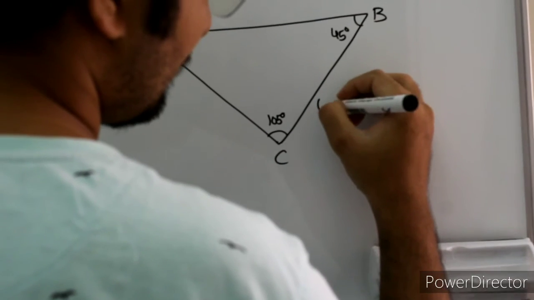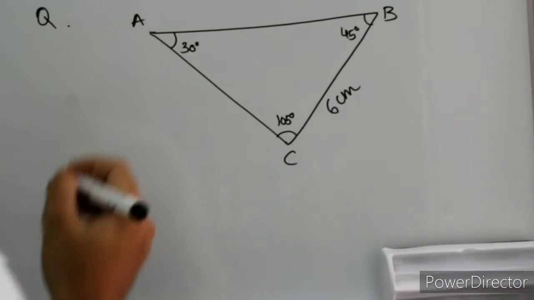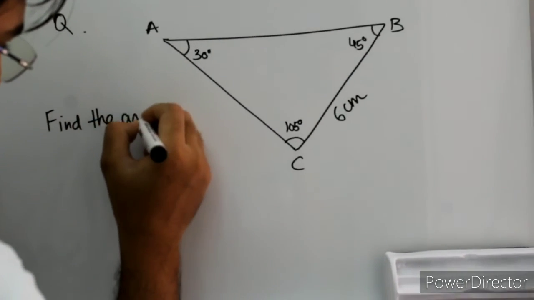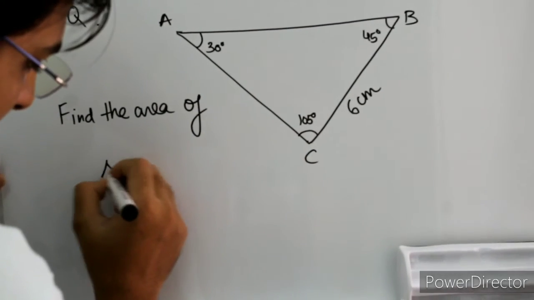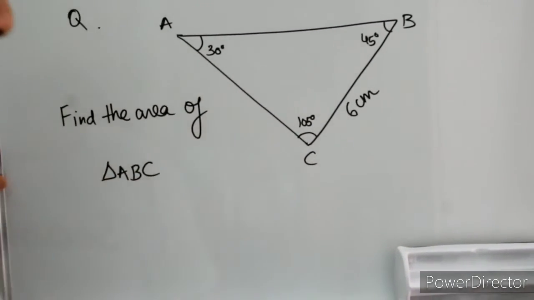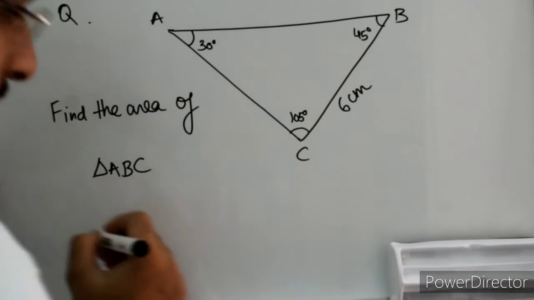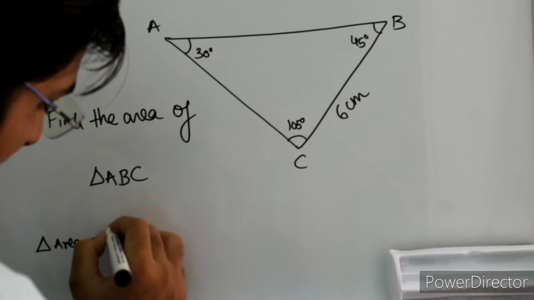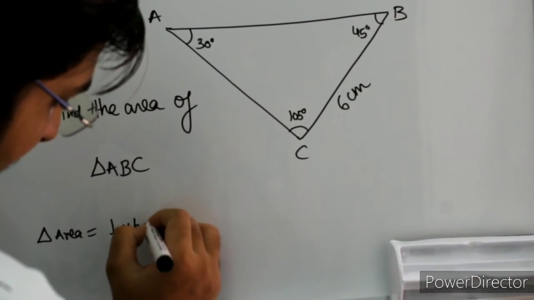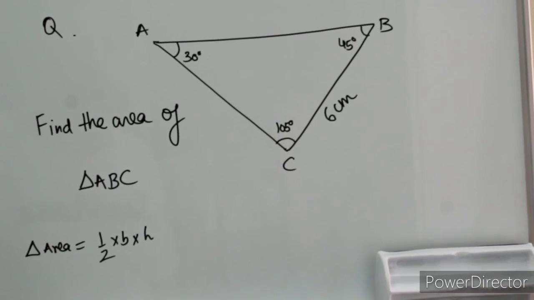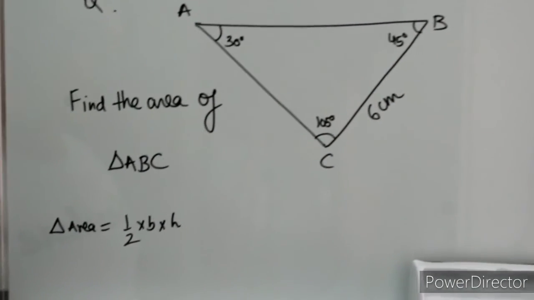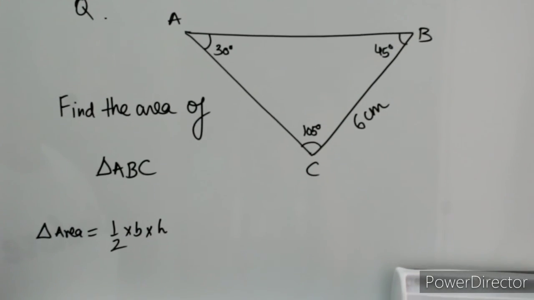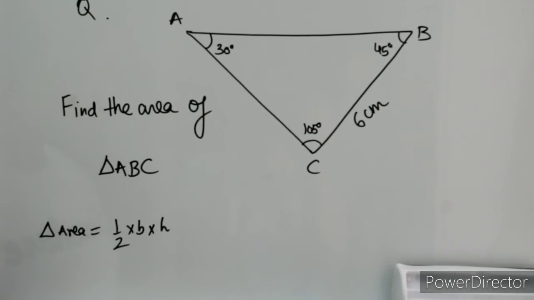The side BC is given to us as 6 centimeter. We have to find the area of triangle ABC. The formula to find the area of any triangle is half base into height. So you can use this formula and figure it out. You have to choose your base and height wisely and answer this question. Okay, please all of you do this question. Thank you.